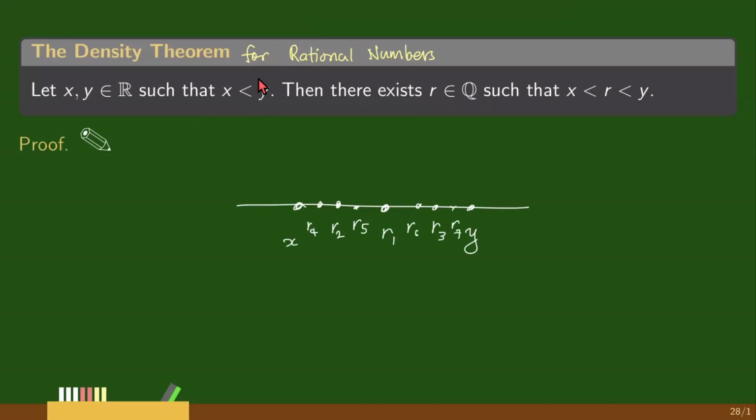So if you keep on applying the density theorem, in fact, you will end up concluding that hindi lang isang rational ang nag-exist sa gitna ng x and y. In fact, there are infinitely many. But we will only prove the basic result.